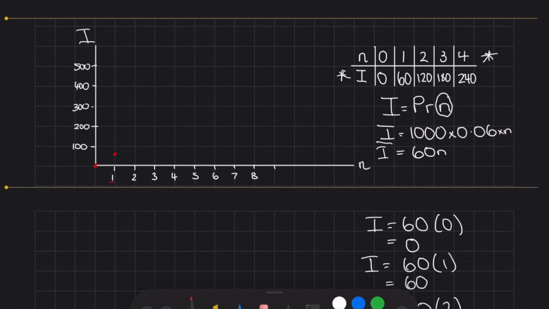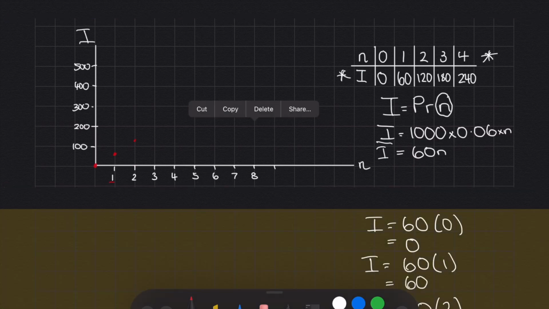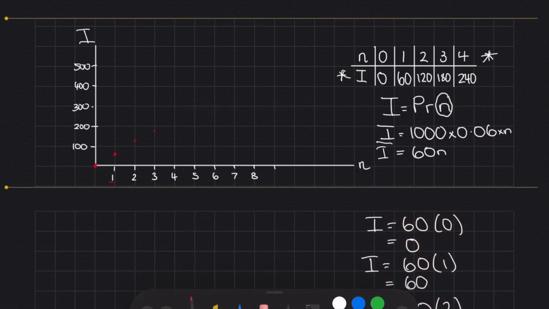When N is equal to 2, I is equal to 120, so that's about here on our graph, and hopefully this will be a straight line. It's a bit messy. 3 is 180, so that's about here, and 4 is equal to 240.